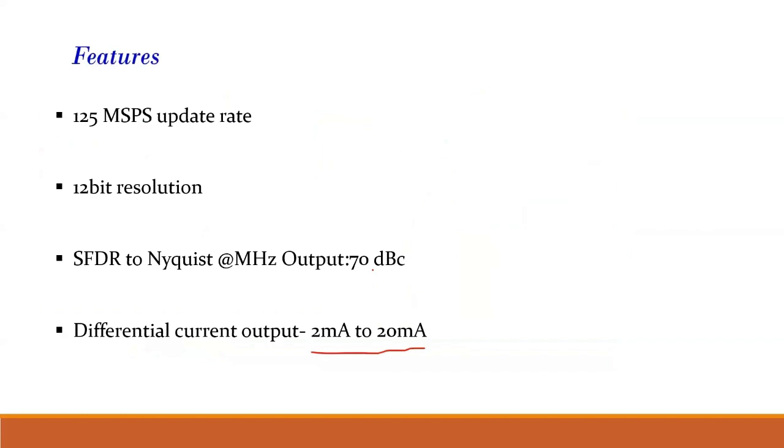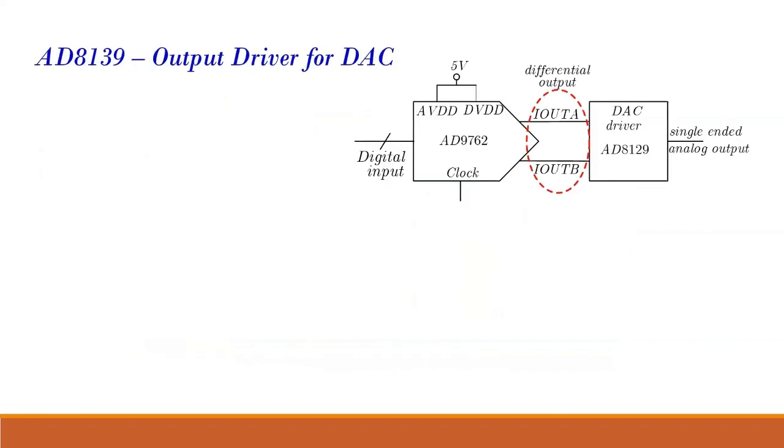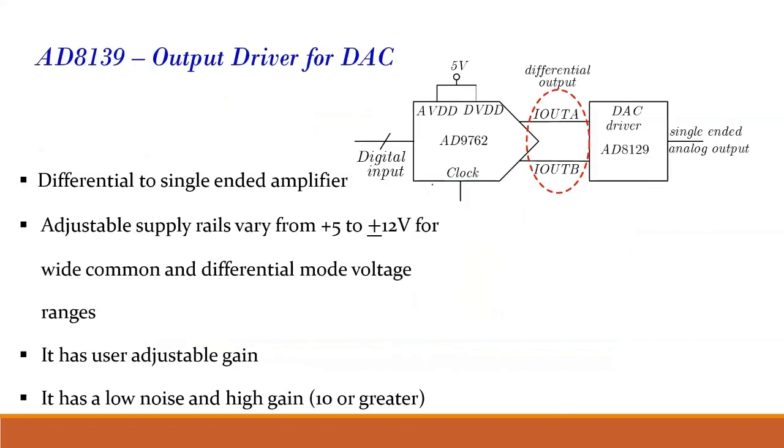So what we do is give a DAC driver. The digital input gets converted into a differential analog output from the DAC, and using a DAC driver, we get a single-ended analog output.